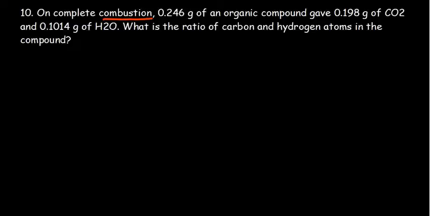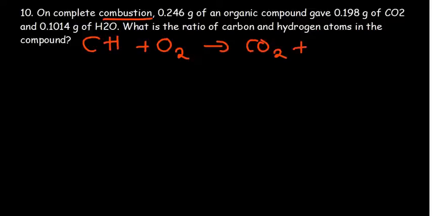We have a certain compound. We assume it only had carbon and hydrogen as the question asks us. That was being combusted in oxygen. Complete combustion implies carbon dioxide is produced, as the question already mentions carbon dioxide and water.